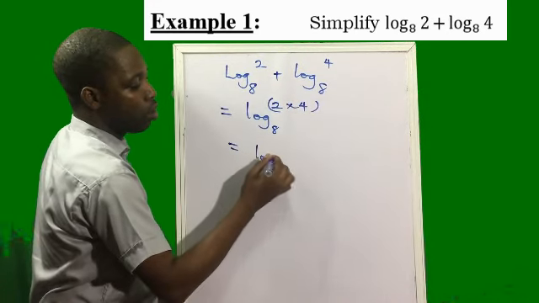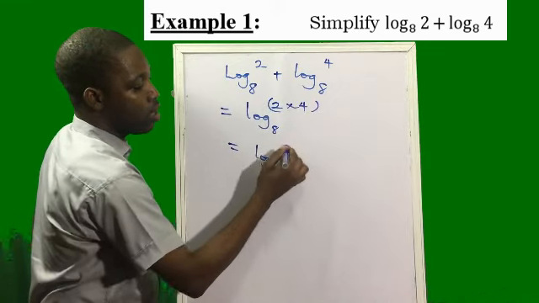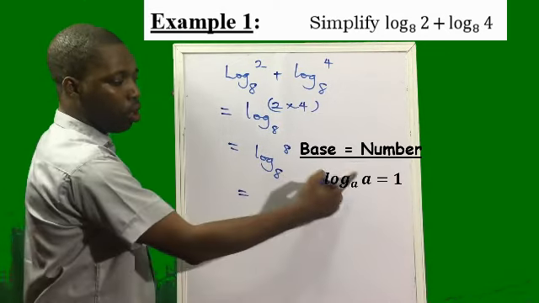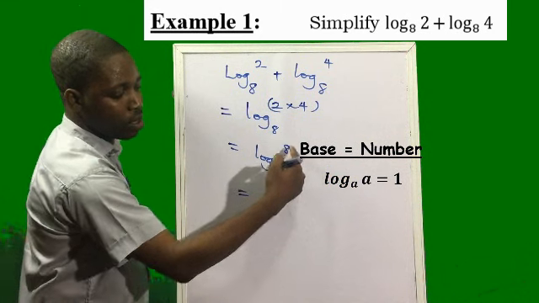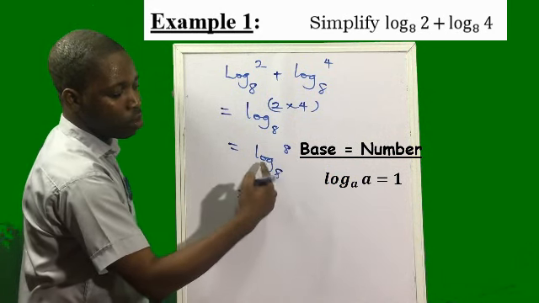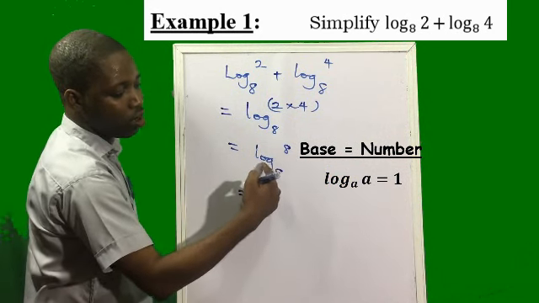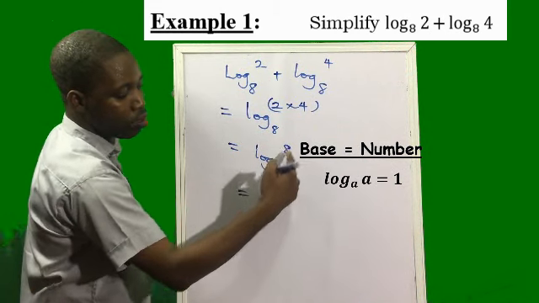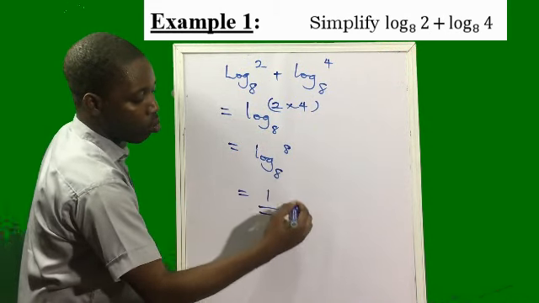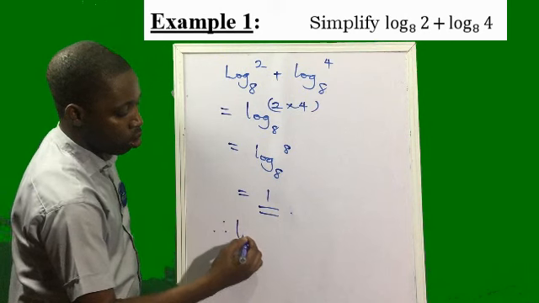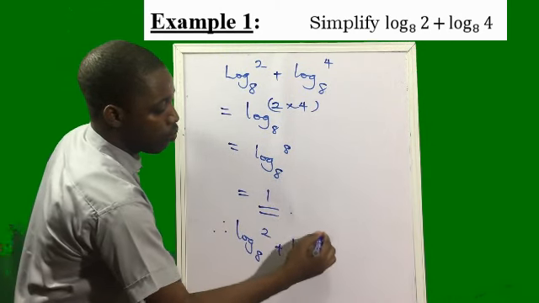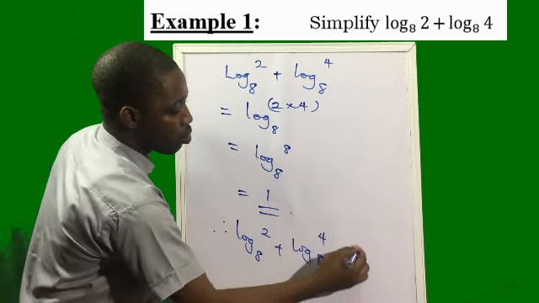So that we have log 2 times 4 is 8. We have 8. Remember the second law of logarithm. The base, the number is the same. So when you have a case like that, the logarithm of such a thing will be equal to 1. So log 8 to base 8 equals 1. Therefore, log 2 to base 8 plus log 4 to base 8 equals 1.